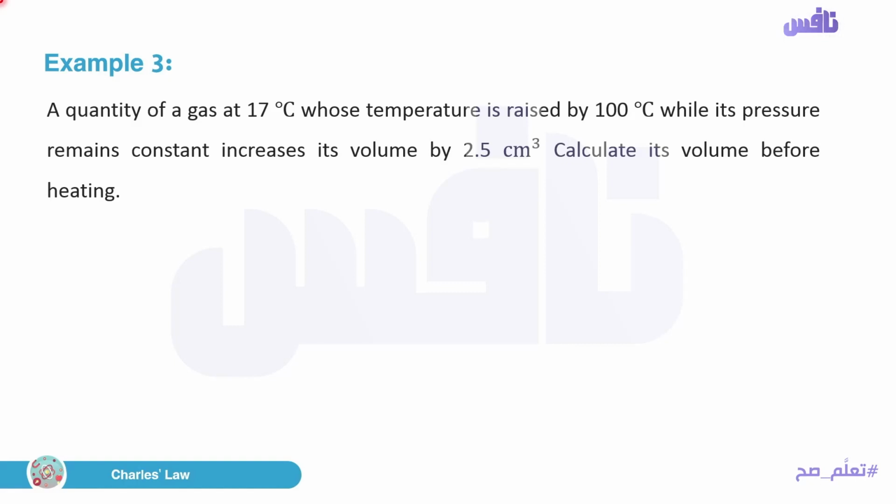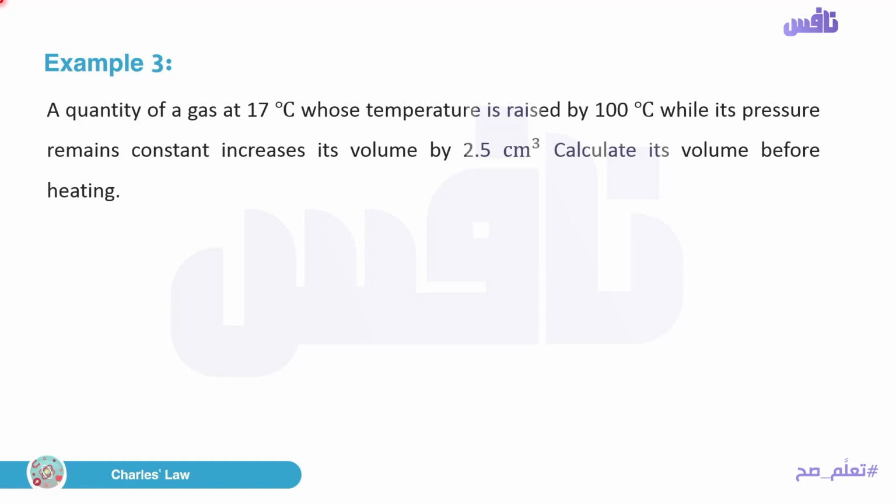So a quantity of gas at 17 Celsius whose temperature is raised by 100 Celsius while its pressure remains constant, which should be constant, increases its volume by 2.5 centimeter cube. The question: calculate its volume before heating.